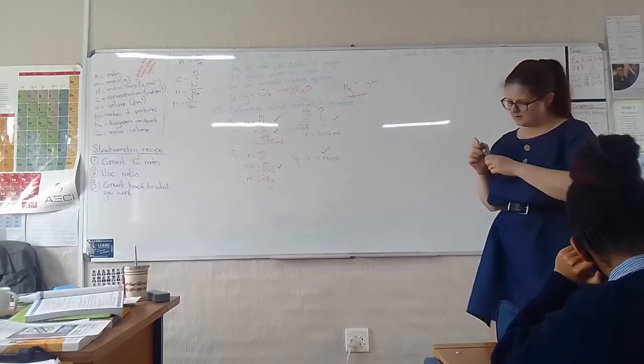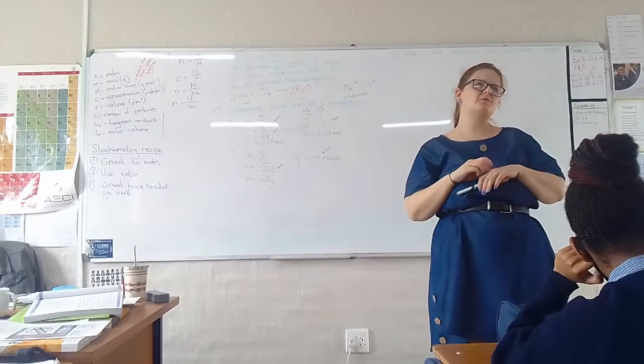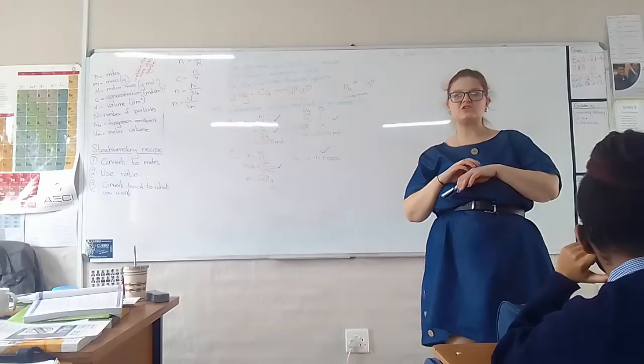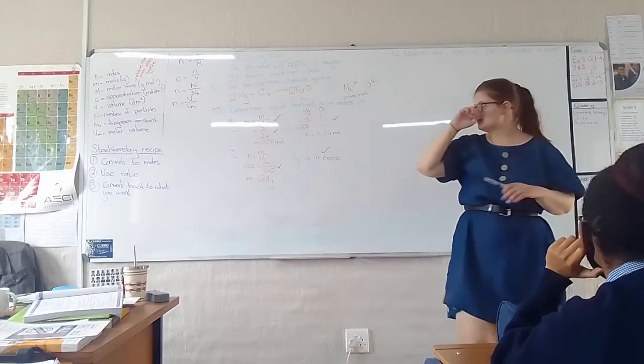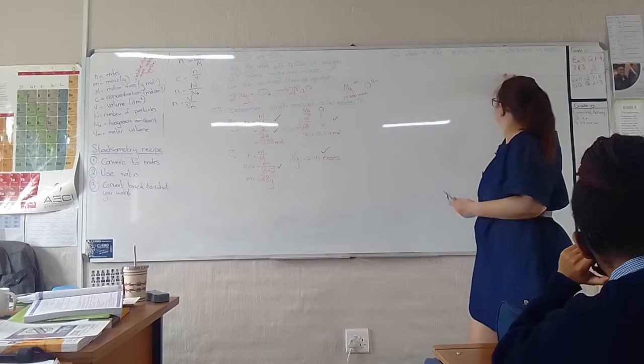Alright, so now I want us to look at this question. I know often the problem with stoichiometry questions is that the question itself is confusing, right? So now, this is confusing because it says, what is the mass of the substance in excess?